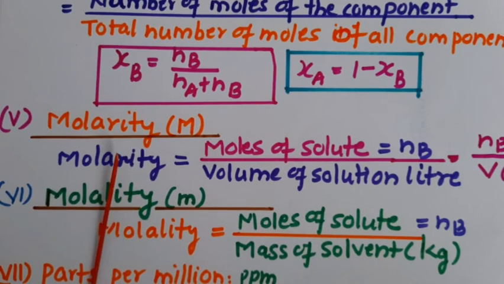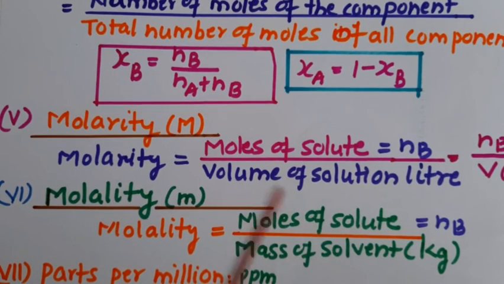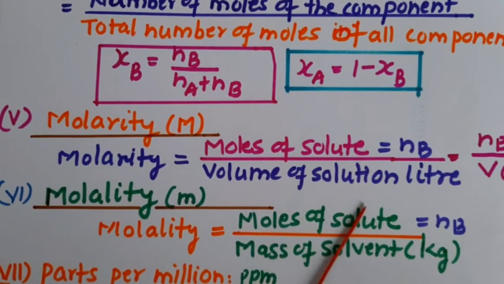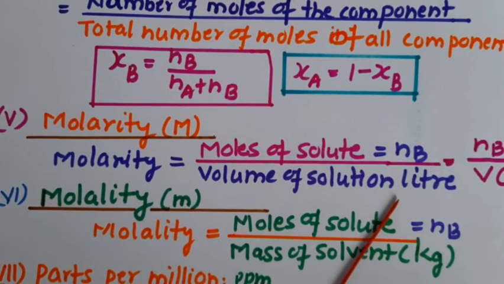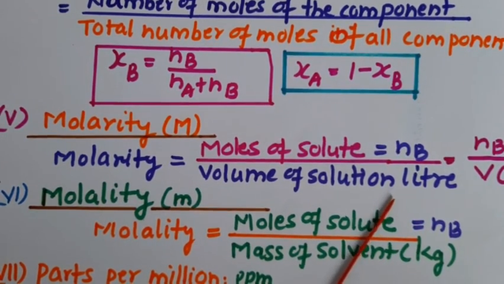If it is reported in grams per liter, then you will get the volume of the solution in liter. But if it is reported in grams per ml, then the volume obtained for the 100 gram of solution will be expressed in the unit ml.